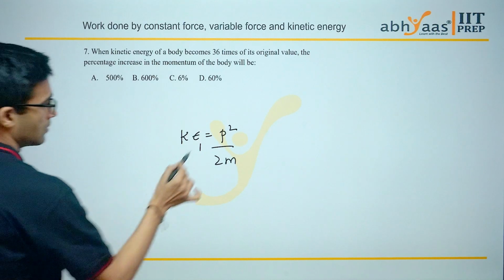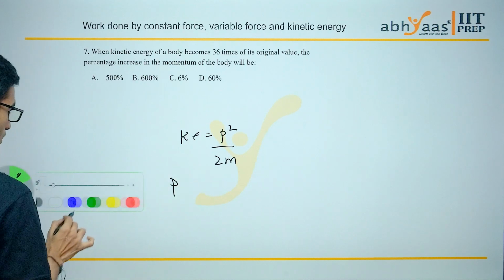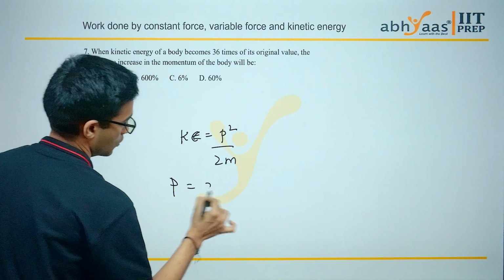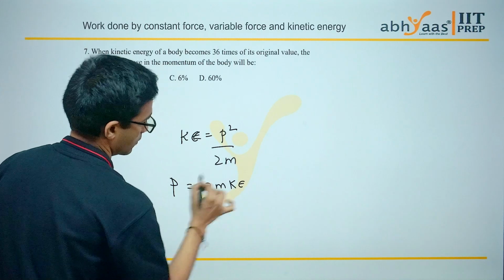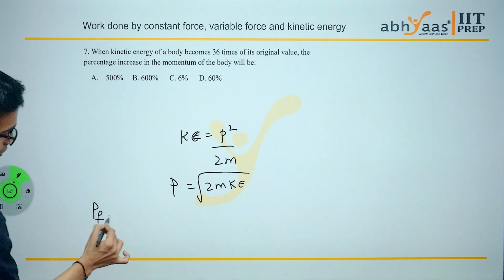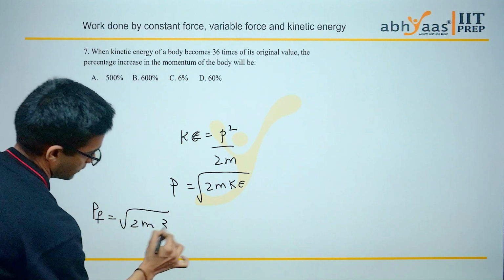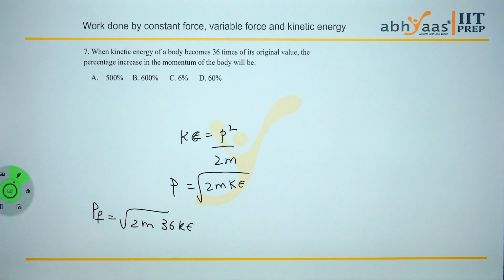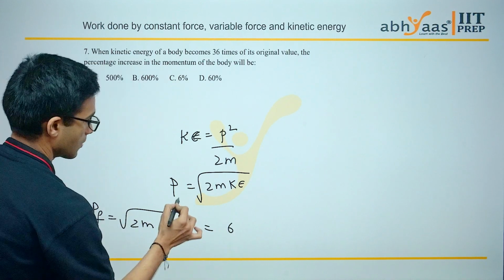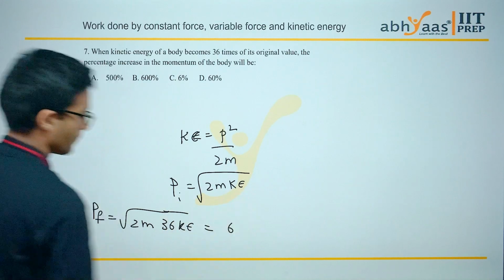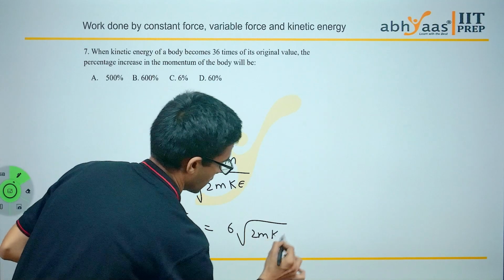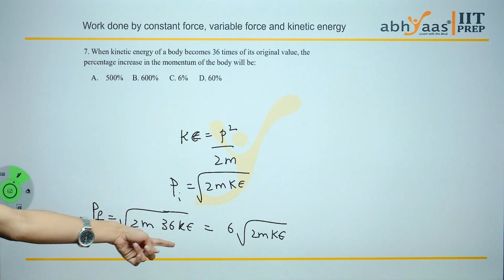So KE is equal to P square by 2m, P is equal to root of 2m KE. So P final is equal to root 2m into 36 KE. Initial is 2m KE, after that it is 36 KE. That means if you consider Pi equal to root 2m KE, afterwards it is 6 times root 2m KE. So that means P final is 6 times P initial.